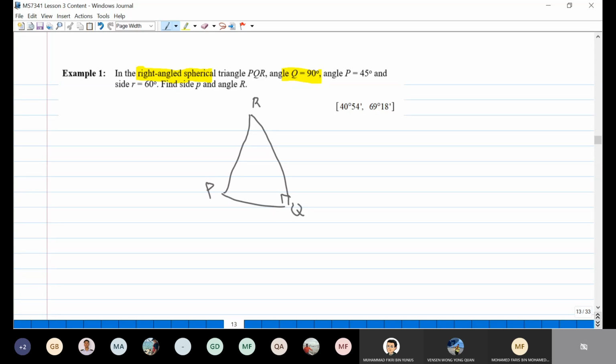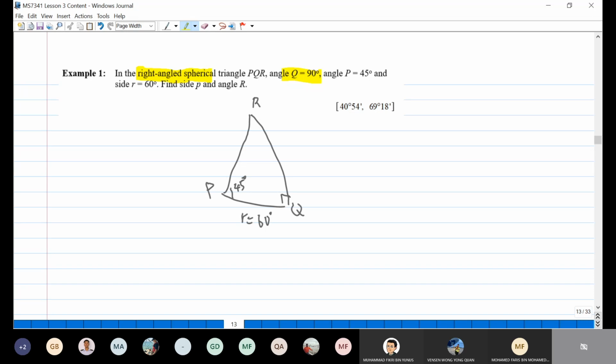Angle P is 45 degrees, so this is angle P now, 45 degrees. And side R, where is R here? R is actually the side opposite angle R, so this one is 60 degrees. Remember, the side can now be measured in degrees, instead of nautical miles or kilometers. So the degree measure tells you how long the side is here.